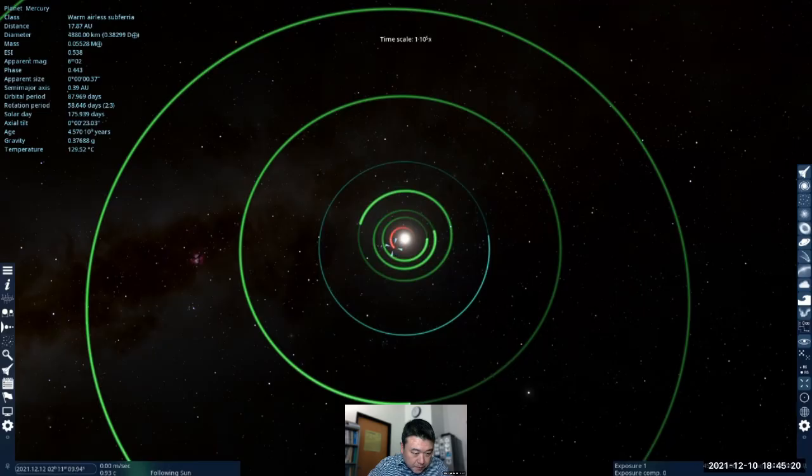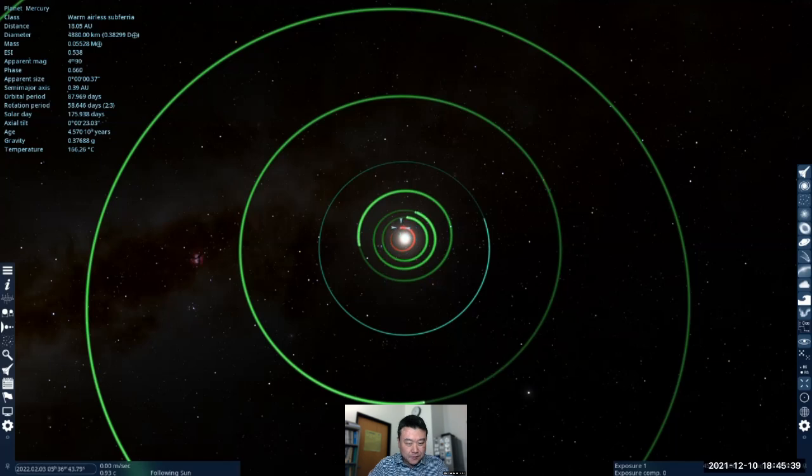Okay. At this time scale, about 1 second in the simulation is 1 Earth day. So you can see how quickly Mercury is moving, not that fast. Let me speed it up a little bit more so that it looks like Mercury is whizzing by.